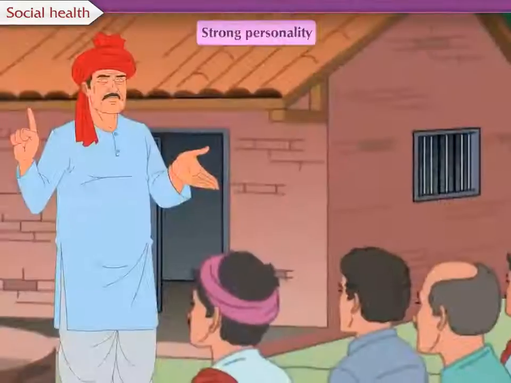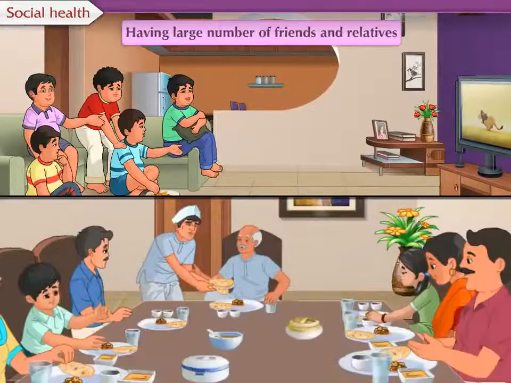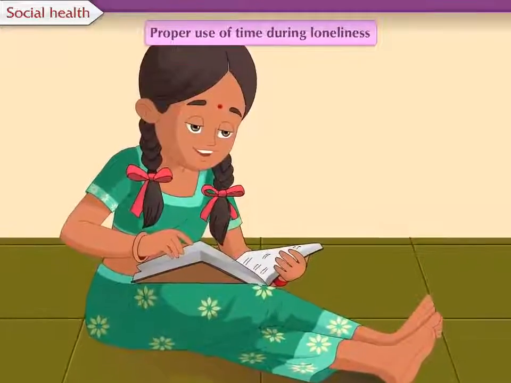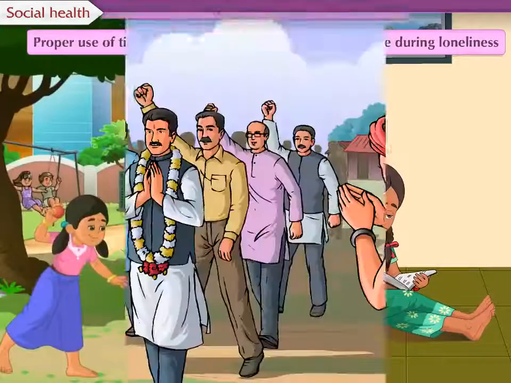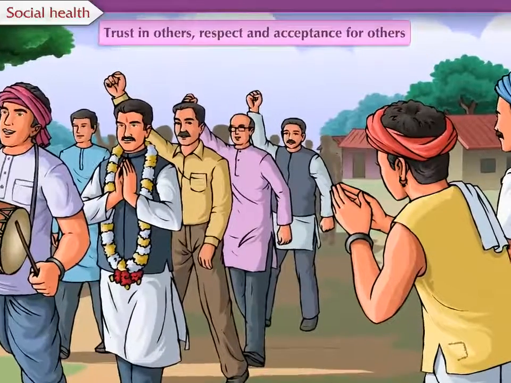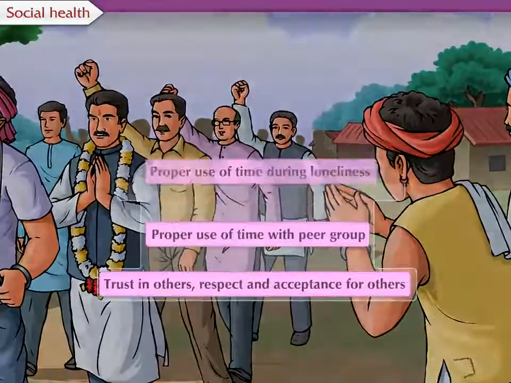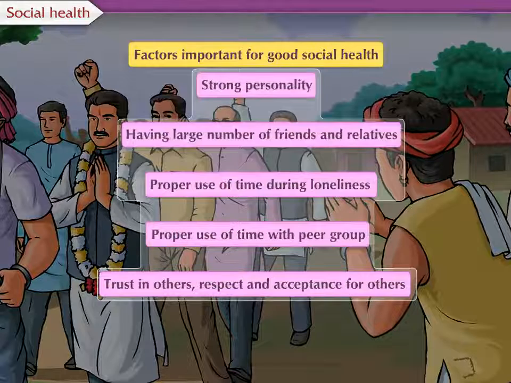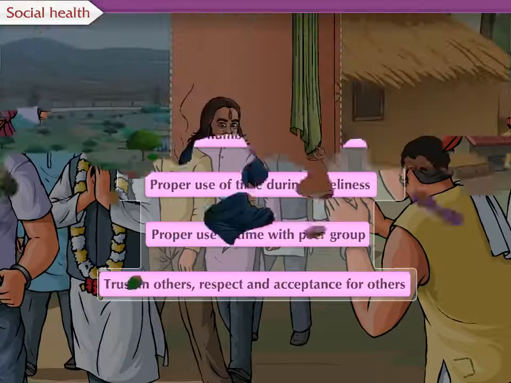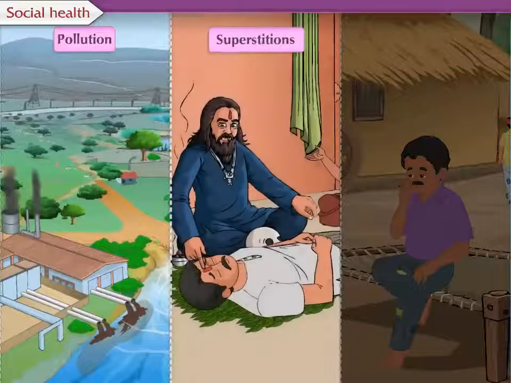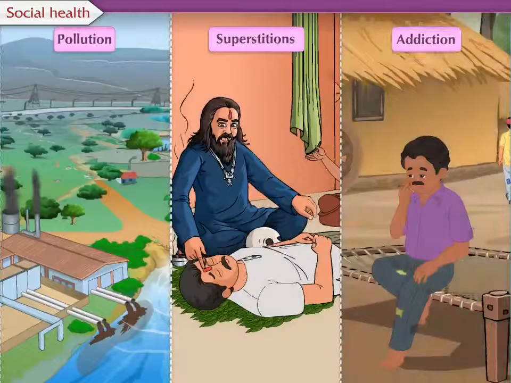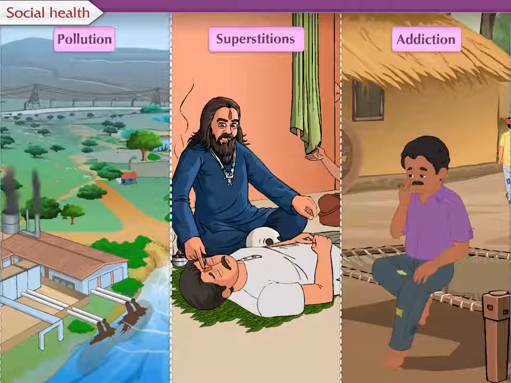Factors like strong personality, having large number of friends and relatives, proper use of time during loneliness and with peer group, trust in others, respect and acceptance for others are important for good social health. Whereas factors like pollution, superstitions, addiction, etc. disturb the social health adversely. Come, let us now proceed to do a detailed study of these factors.